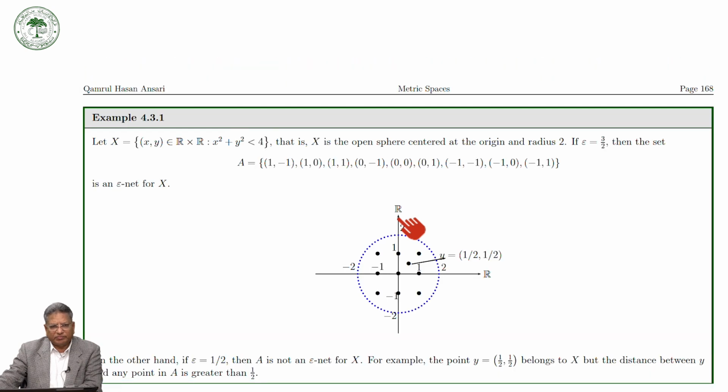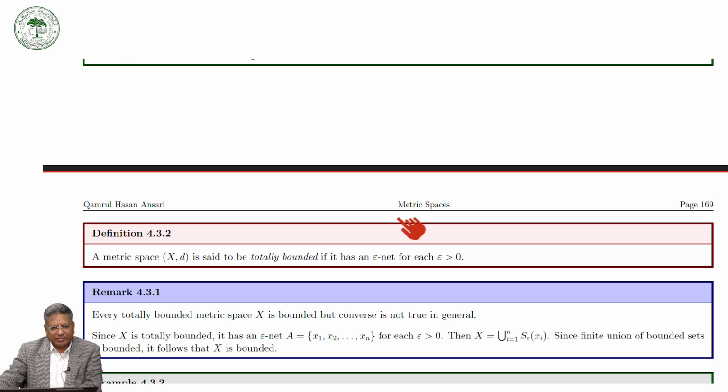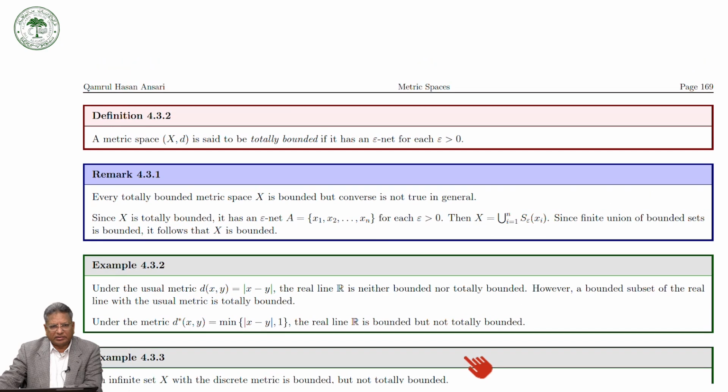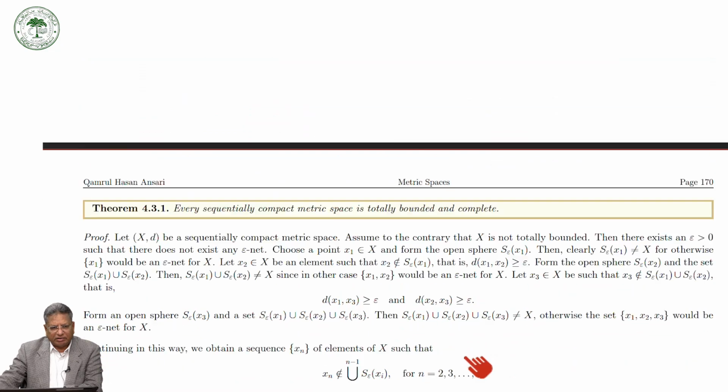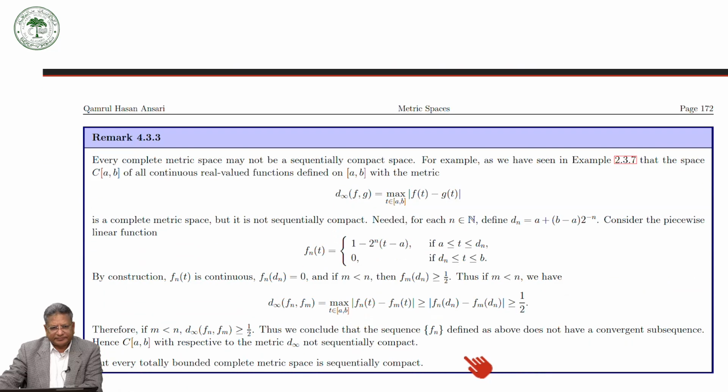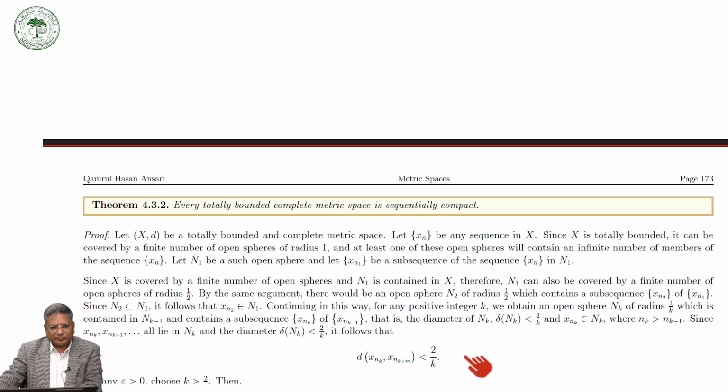Totally bounded means that it has an epsilon net, and then we proved that a sequentially compact metric space is totally bounded and complete. Okay, so keep this in your mind, and the converse is that every totally bounded complete metric space is sequentially compact, and then it is compact.